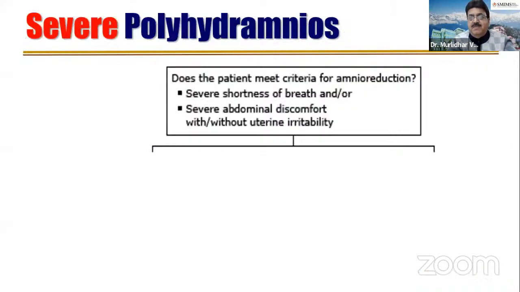So if there is severe polyhydramnios on the other hand, we have to ask first, does the patient meet criteria for amnio reduction? That is severe shortness of breath and or severe abdominal discomfort with or without uterine irritability.